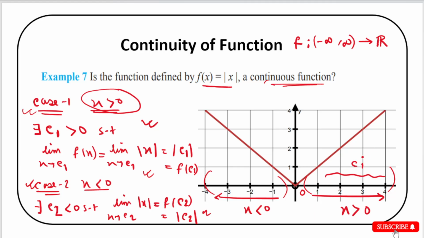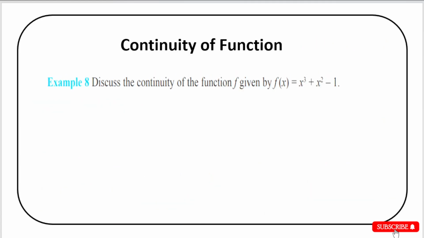Here I have randomly chosen a value c1, here I have randomly chosen a value c2. c1 is greater than 0, c2 is less than 0, and if I can show that the function is continuous at these random points, then I am assured that the function is continuous at every point in this particular domain and in this particular domain. I hope you got the process. If you have any questions on this, you can ask me in the comment section. I'll give a reply to that.